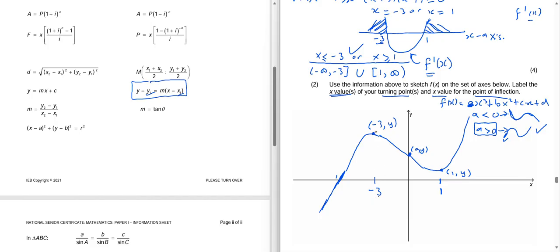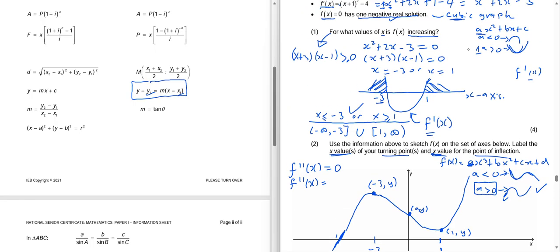We have done that. This is the turning point, this is the turning point, and the x value of the inflection. We have not done the inflection. But when do we get the inflection? We get the inflection when the second derivative of x is equal to 0. Now let's get that. So f double prime of x is equal to what? Let's derive this one, because this one was our f prime of x.